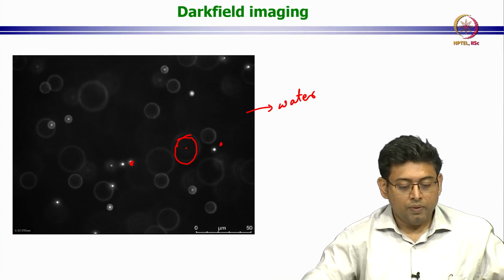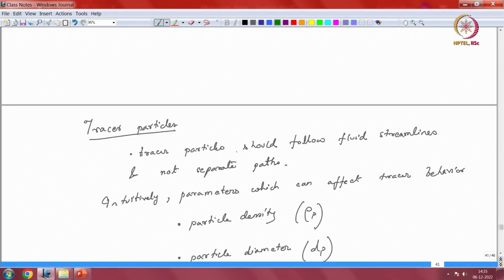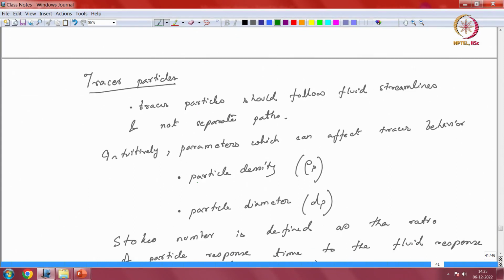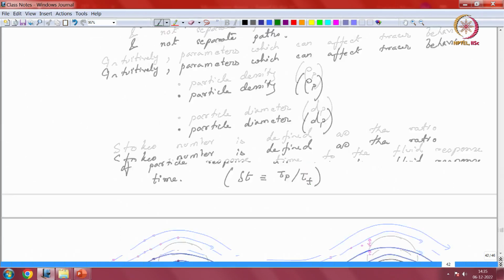When we started the discussion, we talked about tracer particles and how they should follow fluid flow streamlines. We had intuitively guessed that the particle density, with respect to the fluid density, and the particle diameter would be important parameters.